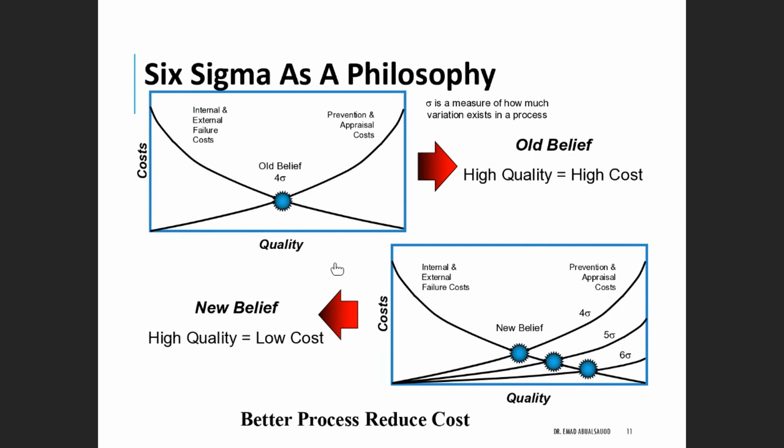And the cost we are talking about, which reflects to you as a customer or consumer, is a result of many other cost factors in the organization, like internal cost, prevention cost, failure cost. The warranty they give you is a cost to the factory that they will somehow put into the product price tag at the end, so you will pay it somehow.